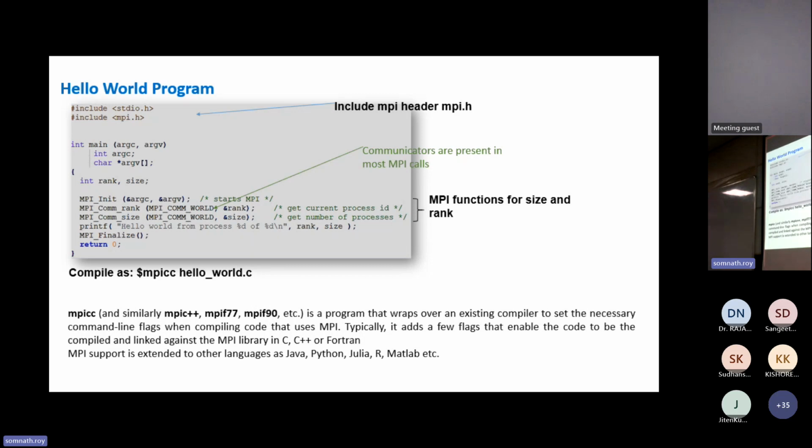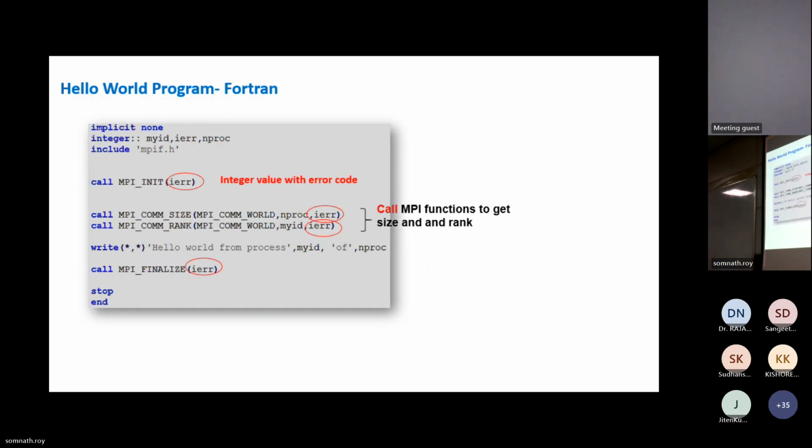MPI is supported for other languages like Java, Python, Julia, or even machine learning frameworks. In Fortran, for any MPI call there is an error variable, ierror, an integer variable passed with any MPI subroutine.